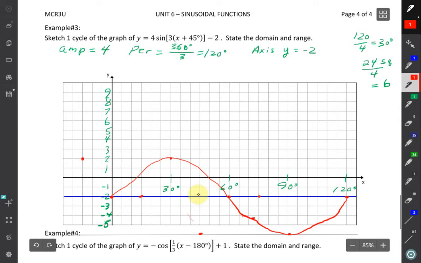Now from here, we don't have a full cycle. So what we can do from here, we know that it's 6 to a full cycle. So we will go over 6 and know that we will be at a max. 1, 2, 3, 4, 5, 6. And at that point, we will be at a maximum. And now I can go ahead and sketch this in.